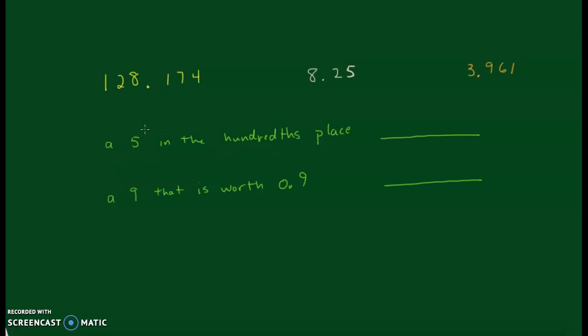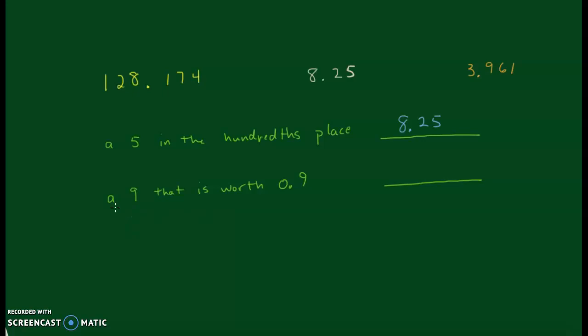Well, I know that the hundredths place is 2 digits after the decimal. So 2 digits after the decimal would be tenths place, hundredths place. That's a 7, so that doesn't work. Decimal point, tenths place, hundredths place. This number has a 5 in the hundredths place. So we would write 8 and 25 hundredths on the line.